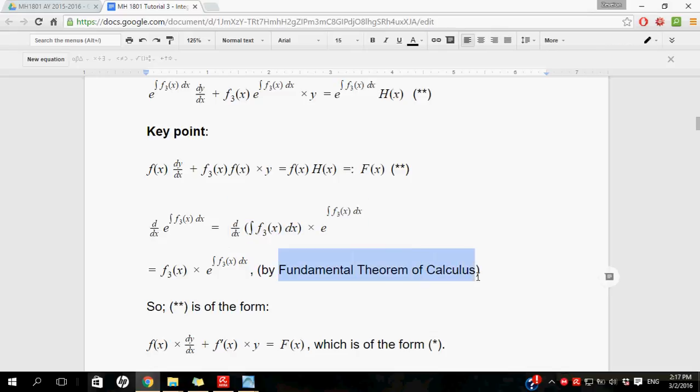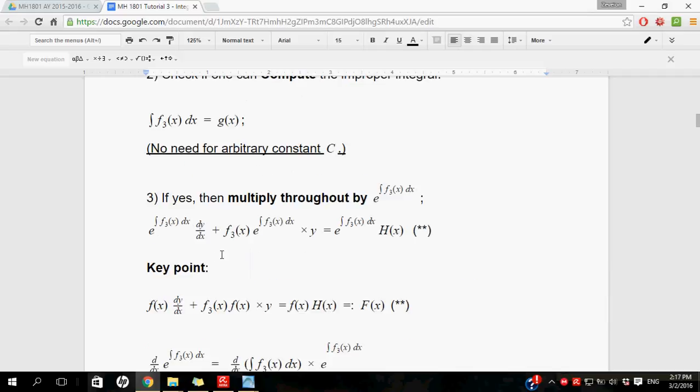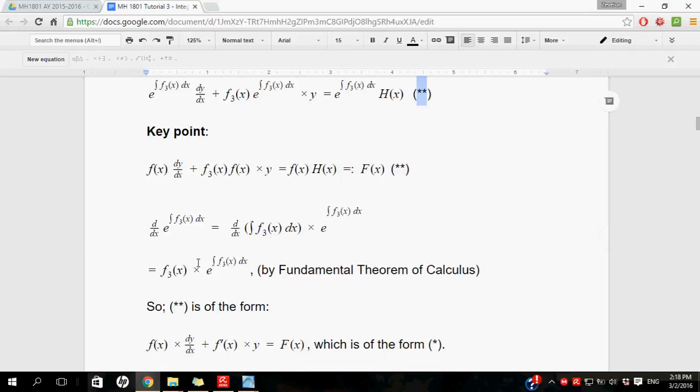Using the fundamental theorem of calculus, because differentiation and integration are sort of inverses to each other, this term is simply f3 of x. And you see that it is right down here. Therefore, we have converted this version of the differential equation, double star, into the form star.